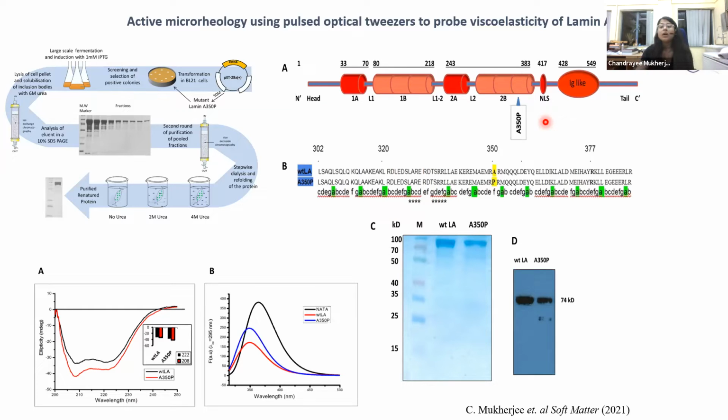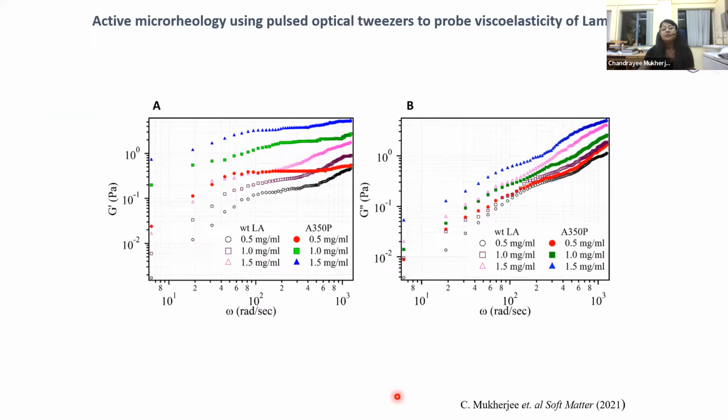So initially, we started with the measurement of secondary and tertiary structural alterations by CD spectroscopic studies and fluorescence spectroscopic studies. So when we studied the viscoelastic properties of the proteins, we found similar observations for wild type as the lab had previously observed.